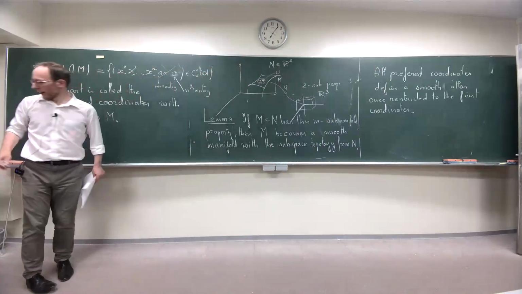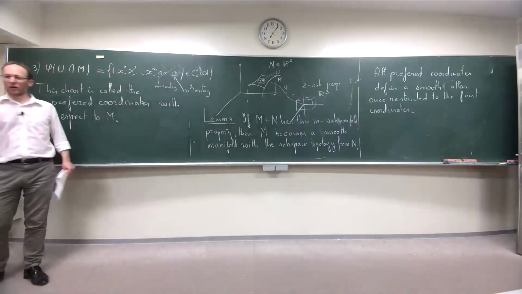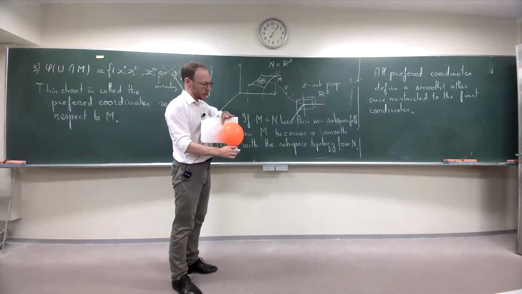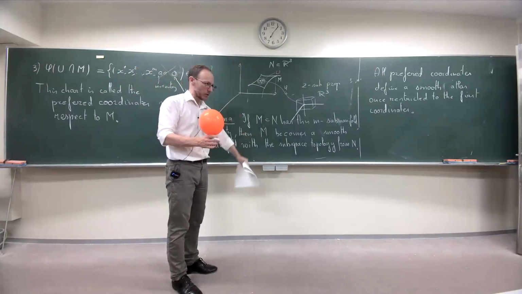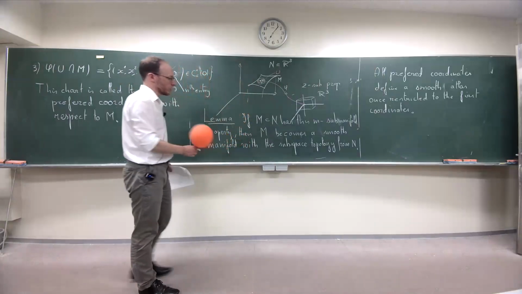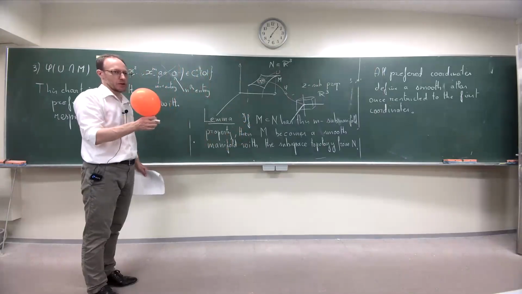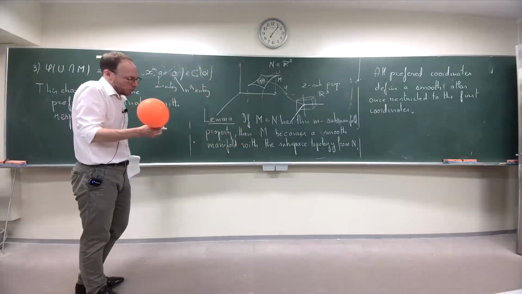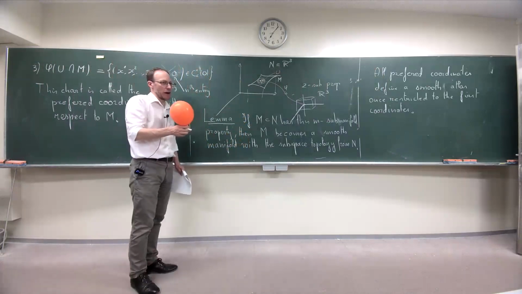As I said, this is very useful because you start with this. Locally, you can easily realize that you can send a small part to 0 with the construction. And once you put everything together, it becomes a smooth manifold. What is the negative part of this?